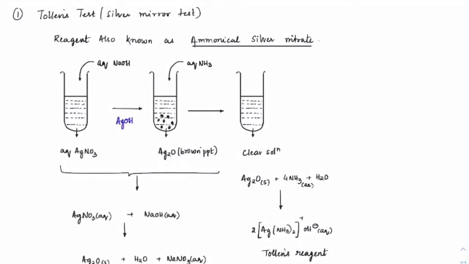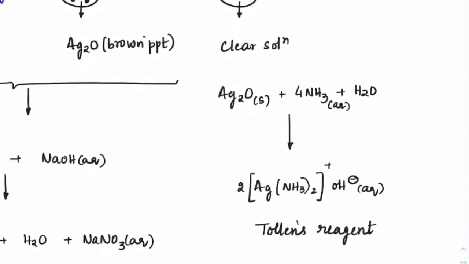So you will see some precipitate of Ag2O forming in the test tube. Then as you add aqueous ammonia, you will see a clear solution, which means this Ag2O gets dissolved to form a complex. This Ag2O reacts with ammonia to form this complex. This is a soluble complex, and this soluble complex is what we call the Tollens reagent.